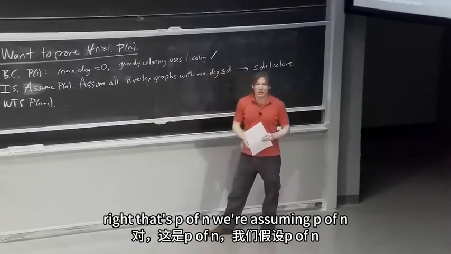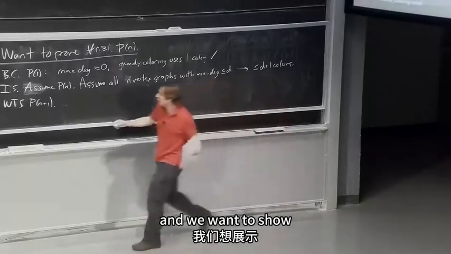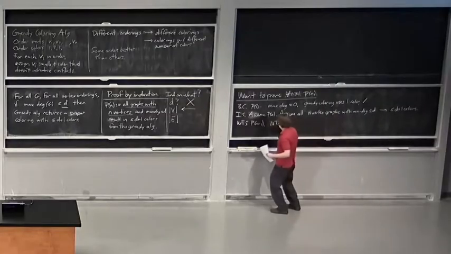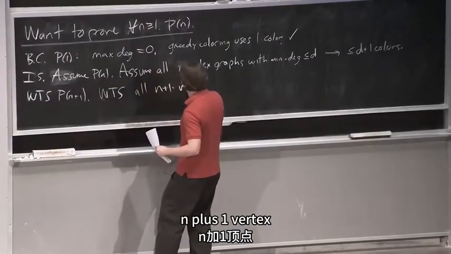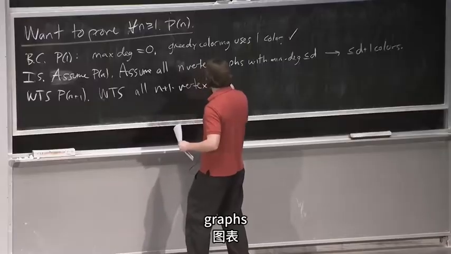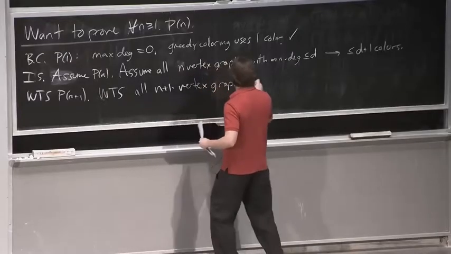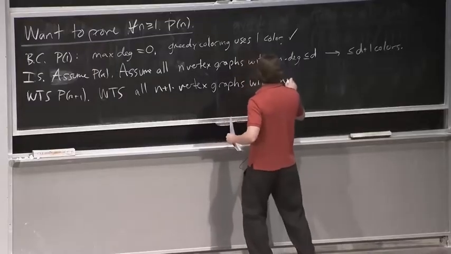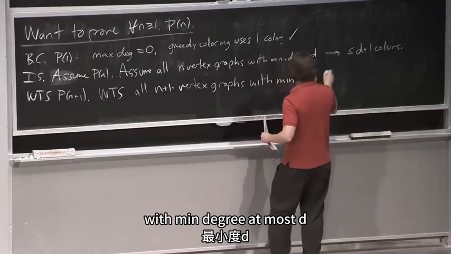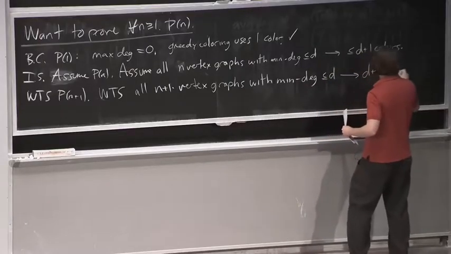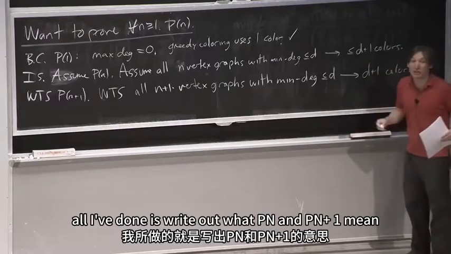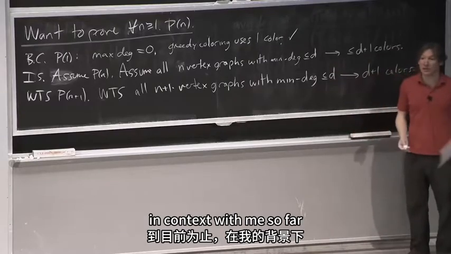We're assuming P of n. And we want to show that all n plus 1 vertex graphs with min degree at most d produce at most d plus 1 colors. All I've done is write out what Pn and Pn plus 1 mean in context.